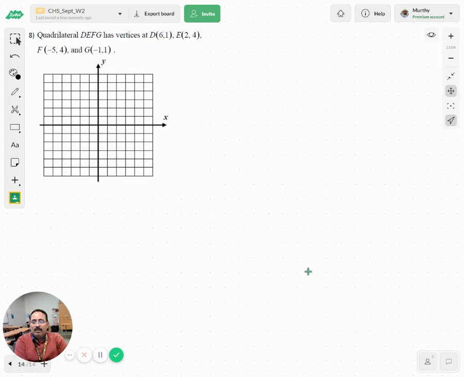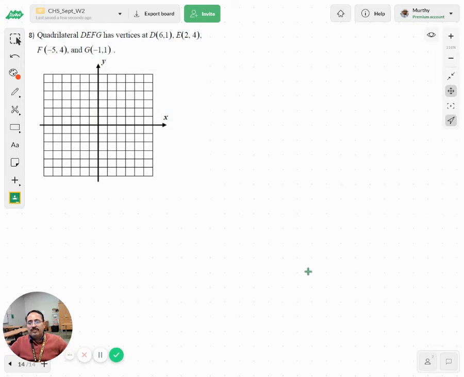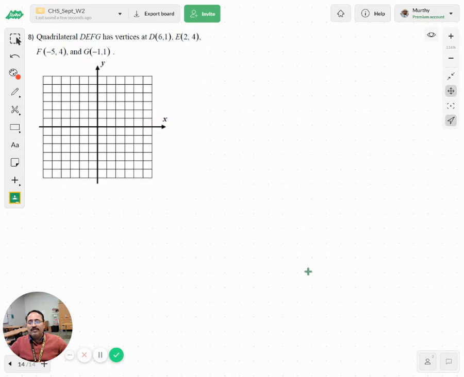Okay, now let's take a quadrilateral. So DEFG has vertices D (6, 1). Let me take x value 6, 0, 1, 2, 3, 4, 5, 6, and 1. This is point D. Then E is (2, 4), x is 2 and y is 1, 2, 3, 4.